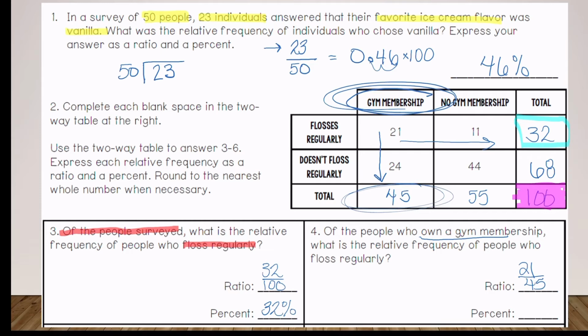Here's where your calculator comes in. We do 21 divided by 45 and we get a repeating decimal. So it's 0.46 repeating. So we're going to write 46.7%. I'm going to tell you now, throughout this lesson, if you have a repeating decimal, round to the nearest tenth, because that's what I just want you to round to.